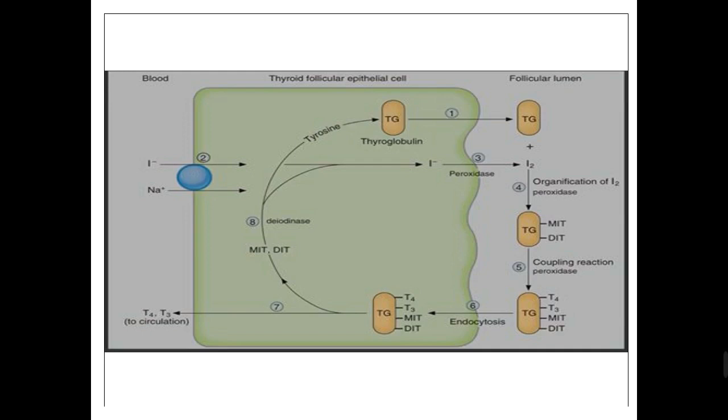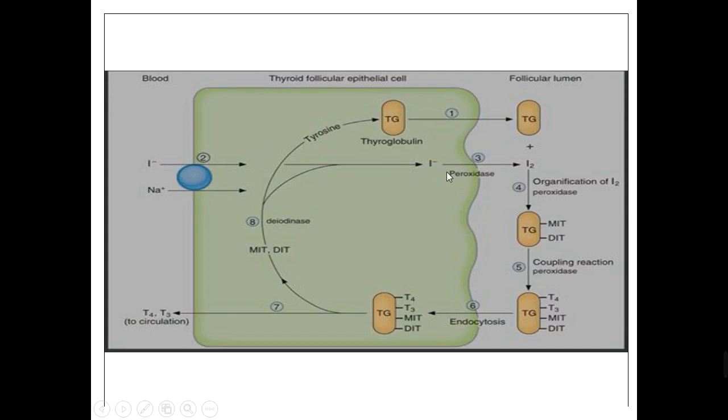I like this figure because it is the easiest one that demonstrates the production of thyroid hormone. As you see, the first step is the production of thyroglobulin. The second is the entrance of iodine to the thyroid follicular cells by the active pump mechanism.